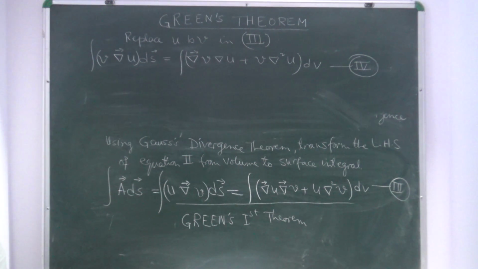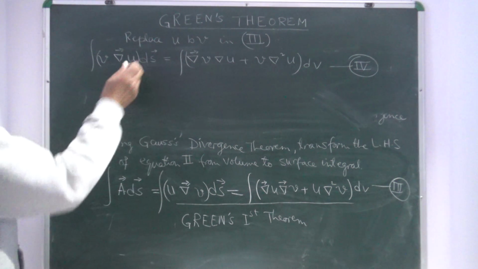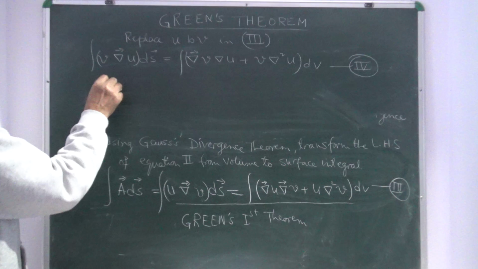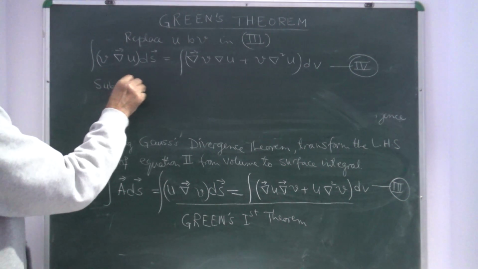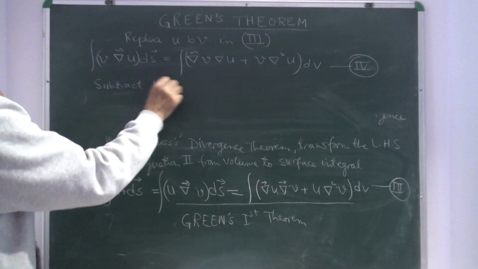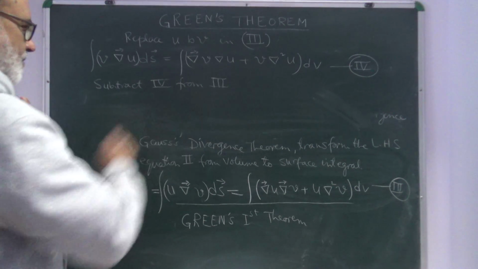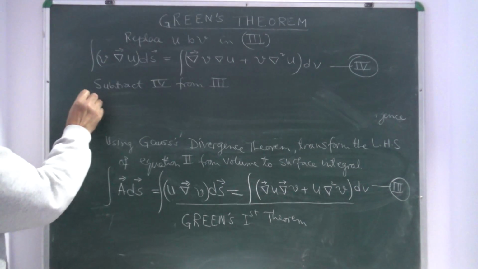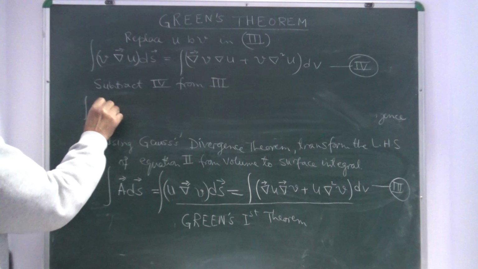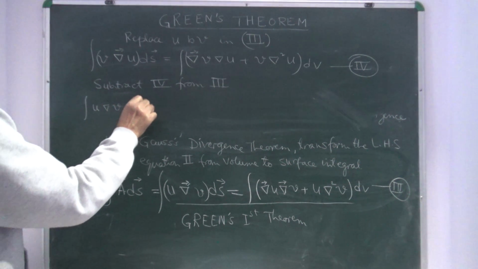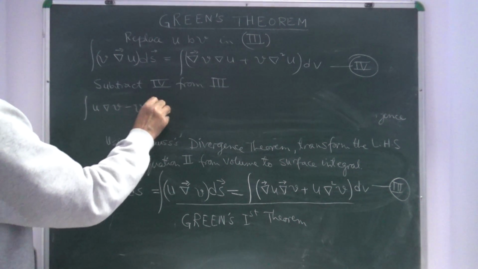Now subtract 4 from 3. On the left we get the surface integral of u del v minus v del u.